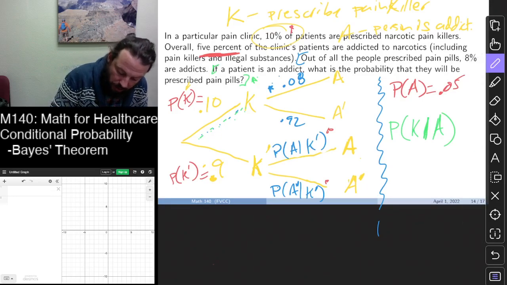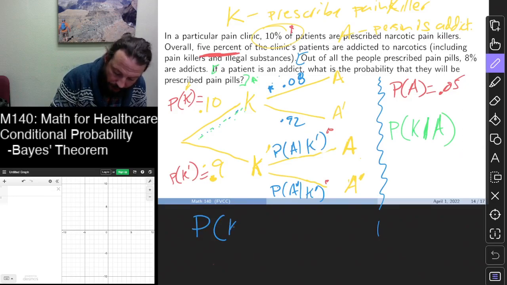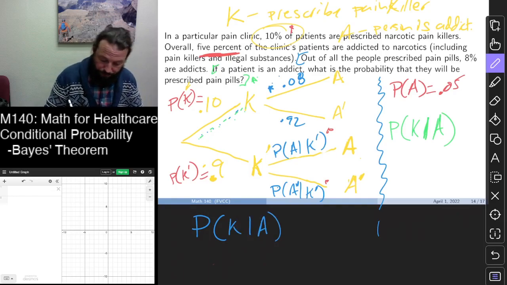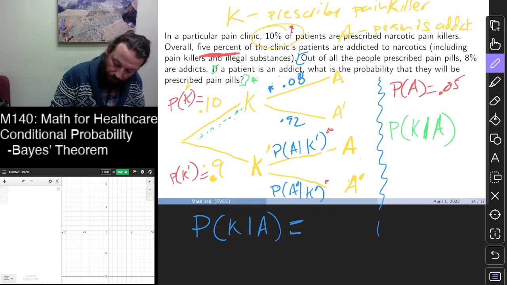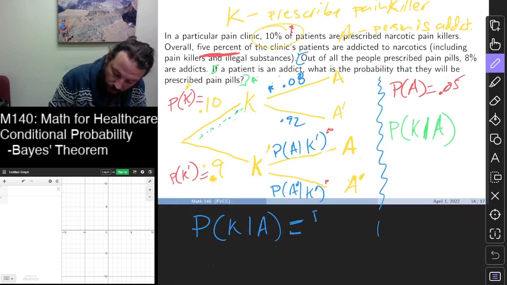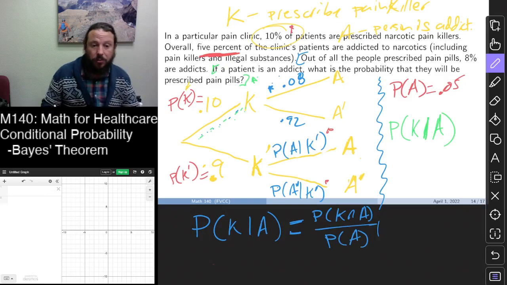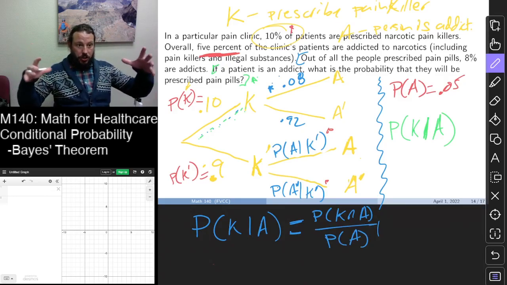It tells us the probability of K given A. So the probability you are prescribed painkillers given that you're an addict, that is, hopefully you know this, the probability of the intersection over the probability of A. It's our sample space shrinking, right?